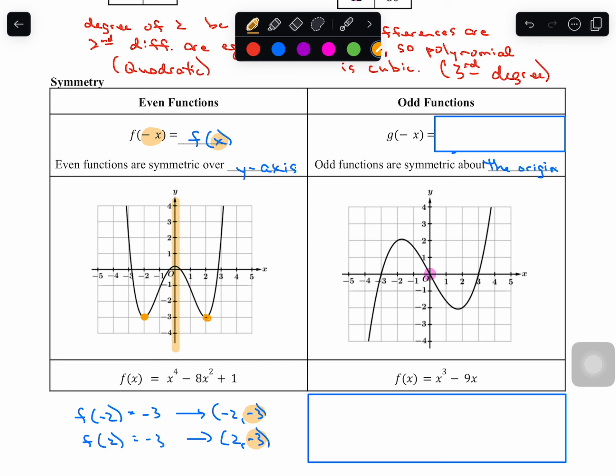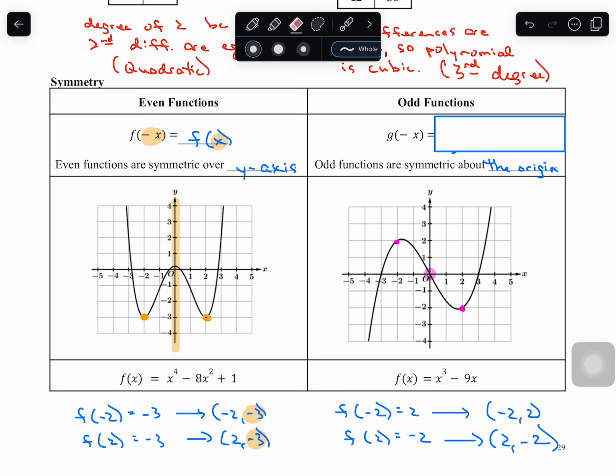If we take a look at a point, just like I did with the even function, if I take a look at this (-2, 2), which I already did, and now I compare that to 2, you will notice that that is -2. So these are the exact opposite for output values. So how I remember this, and use it or don't, it's totally up to you, but if I am talking about an odd function, it is symmetrical about the origin, and when I plug in those opposite input values, my output values are also opposites.